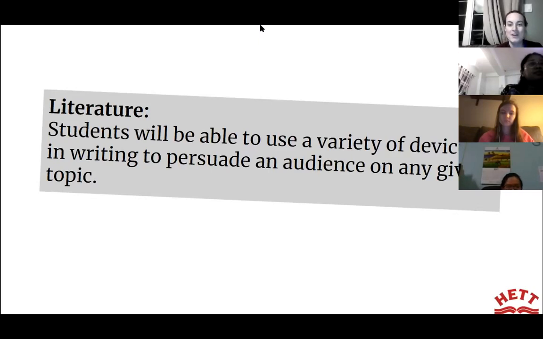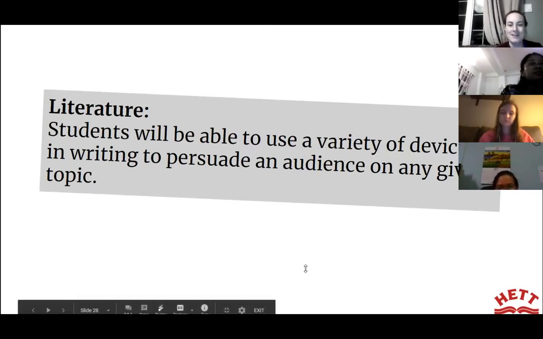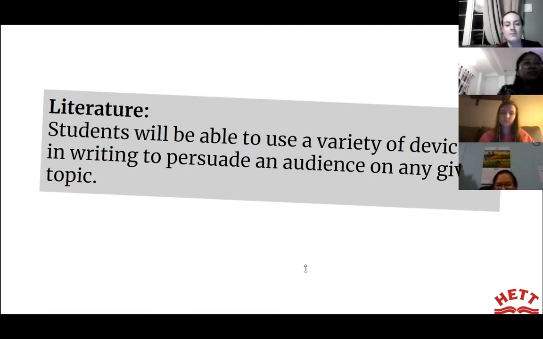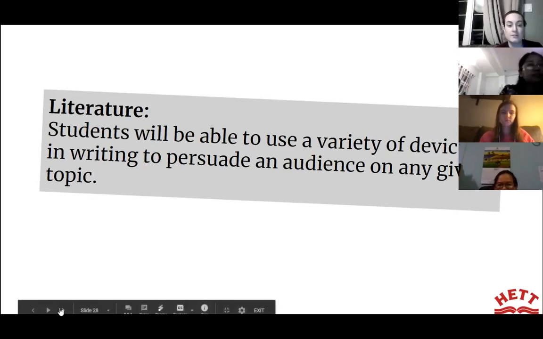Yes, so this is a strong one. They can learn about different devices, and they have to be able to apply the different devices on different topics. So that's pretty strong.